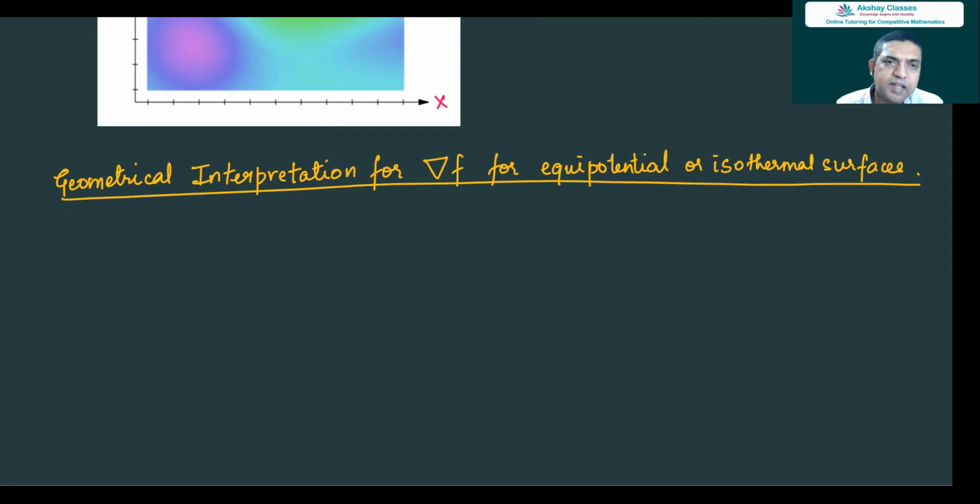These are also called level surfaces. That means the value of the function is constant throughout this surface.